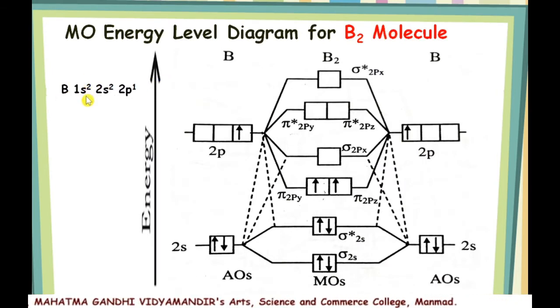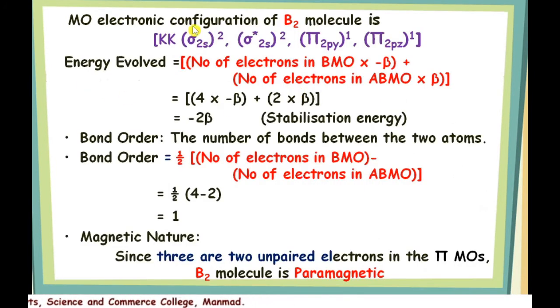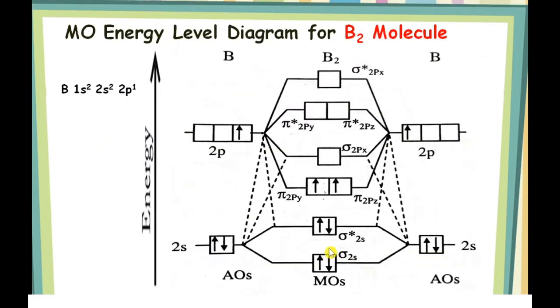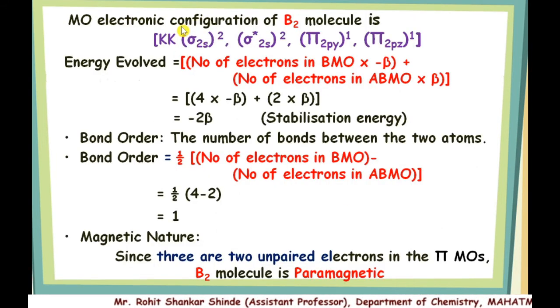Since there are two 1s orbitals of the 2 boron atoms, we have written KK. Then sigma 2s2, sigma star 2s2, pi 2py1 and pi 2pz1. This is the molecular orbital electronic configuration for the B2 molecule.